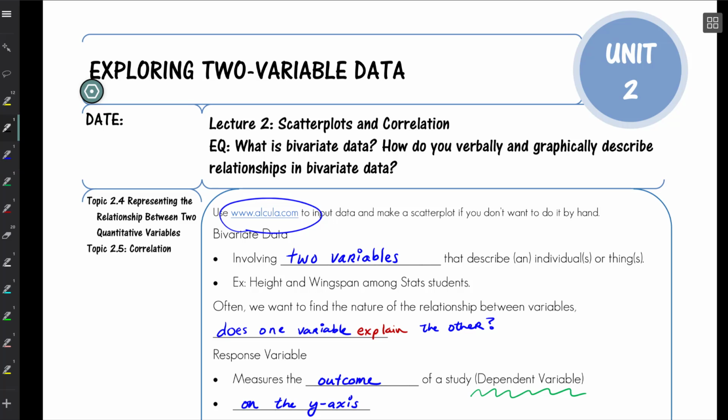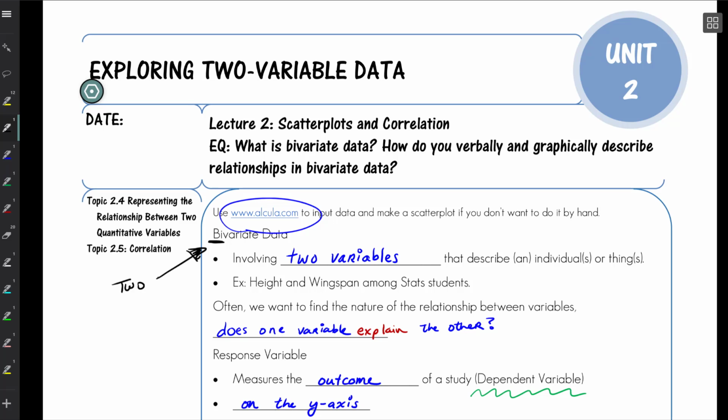Well, it seems to make pretty clear sense that bivariate data, bi as in two, will represent two variables. So it's just our fancy math stats word for saying two variable data. We say bivariate data. So it includes two variables that describe an individual or things. Now, what's important about this is that each individual has two values associated with it, one for each variable.